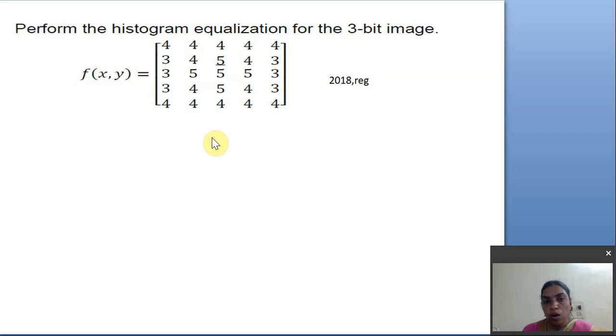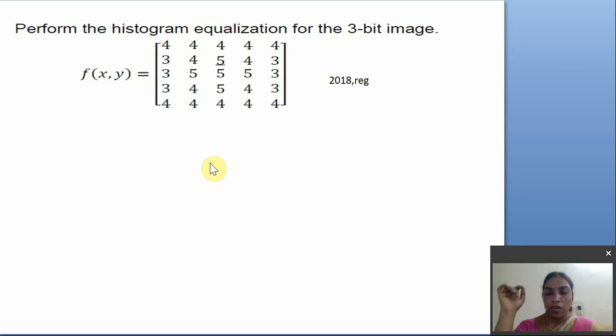Now 8 gray levels are there. Note down how many pixels are there with the 0th intensity, the 1 intensity, the 2, 3, 4, 5, 6, 7. If you observe, this image has only 3, 4, 5 intensities, so you get non-zero values at those intensities.